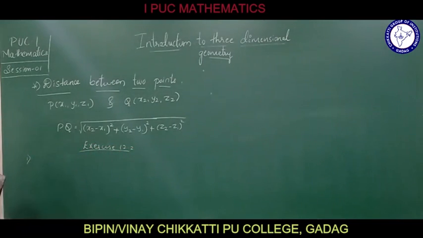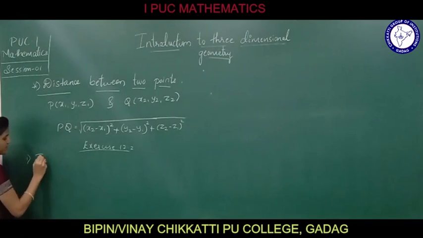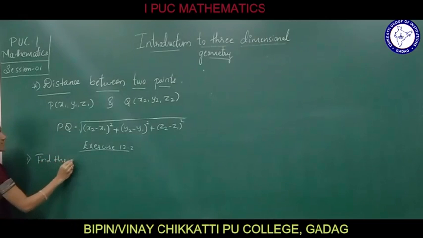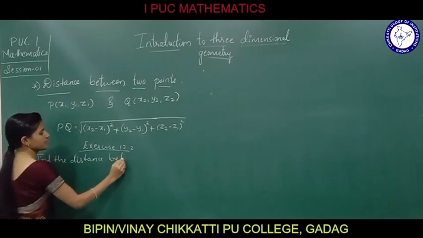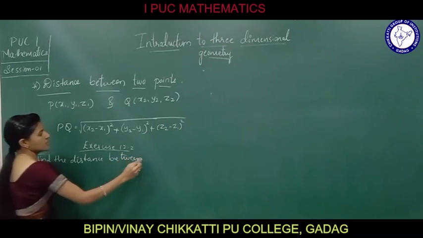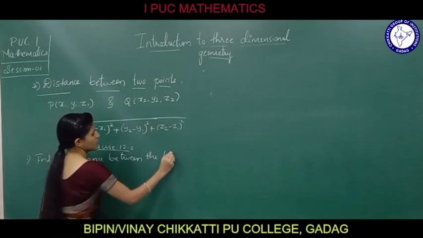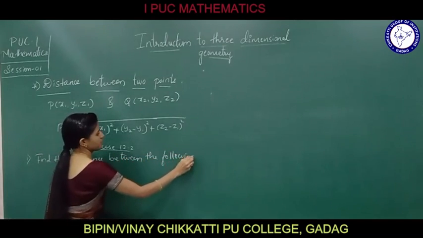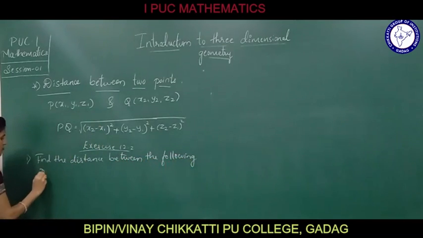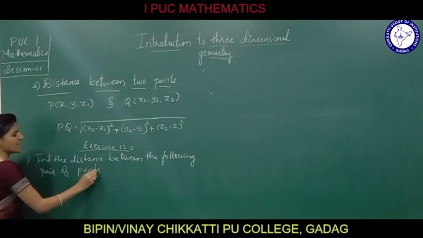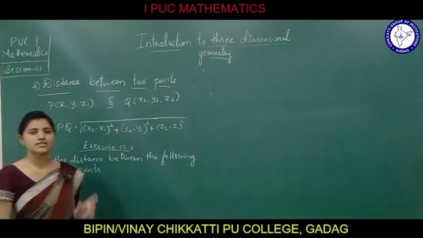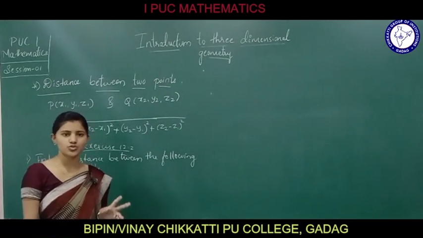The first question is: find the distance between the following pair of points. Means they have given us the points, and we are supposed to find the distance between those 2 points.